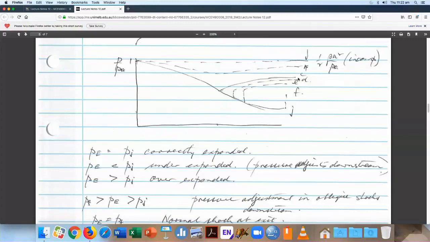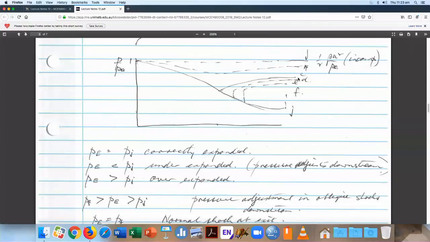So if the exit pressure, PE, is exactly equal to PJ, then you say that this supersonic flow is correctly expanded. Now, if you have a rocket nozzle and you're at various places in the atmosphere, say in the upper atmosphere, where the ambient pressure is much less: if PE is equal to PJ, it's correctly expanded.